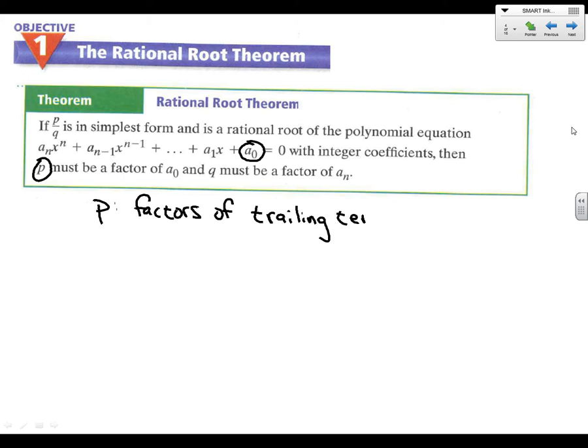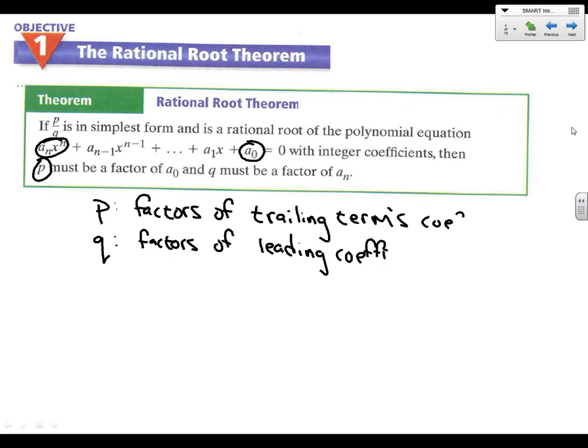Q is going to be all the factors of the leading term, everything that starts up front. Factors of the leading term's coefficient, just the coefficient.